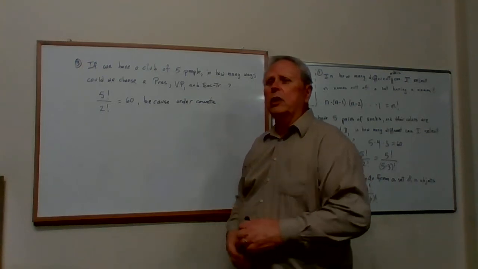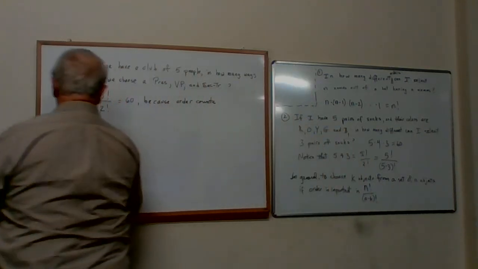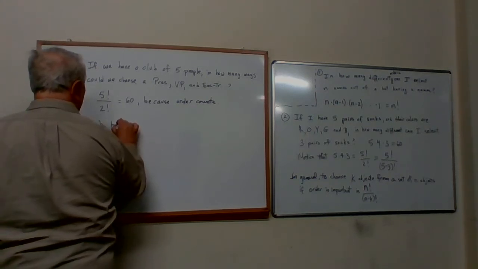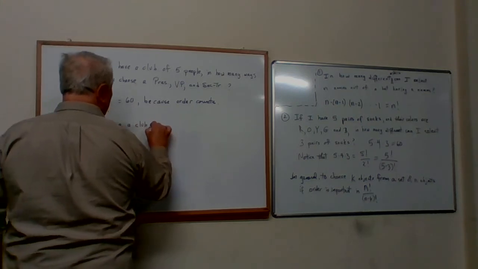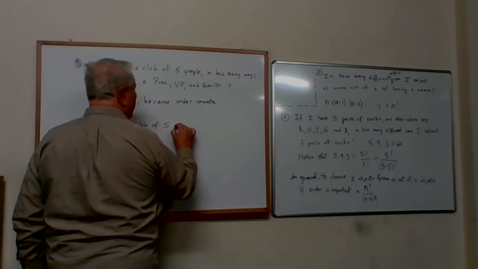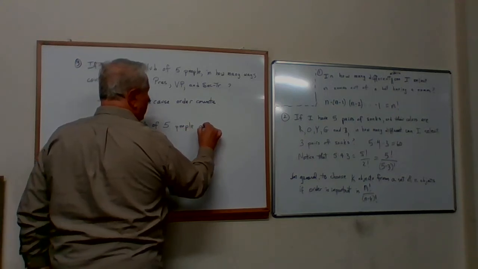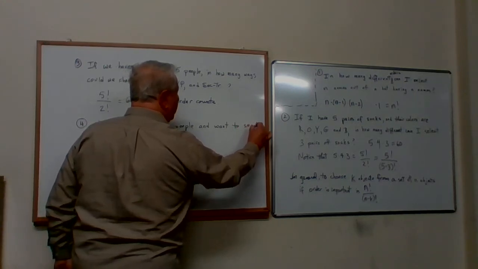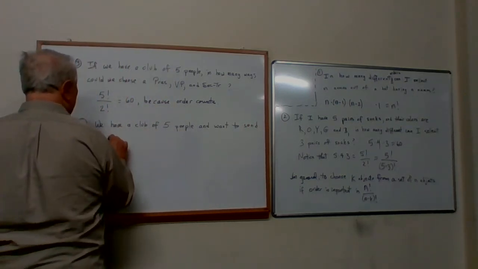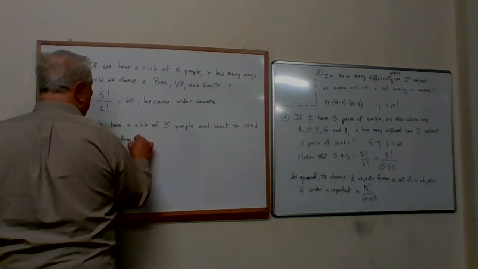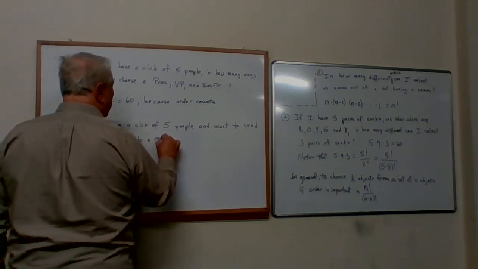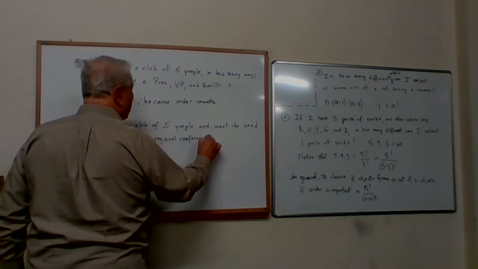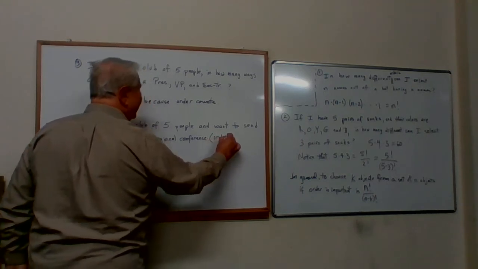But suppose now that order doesn't count. We have a club of 5 people and we want to send 3 of them to a regional conference. So in other words, order does not count.